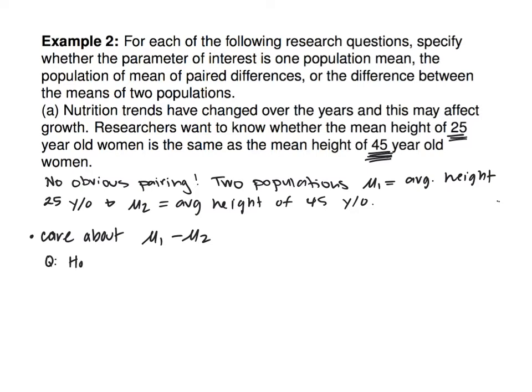And our null hypothesis will be that is this mu1 minus mu2 equal to 0? And that would mean that there is no difference in average heights in these populations. Versus HA, well, probably I would think if nutrition trends improved, we'd be alternatively thinking that the younger women were taller, which would mean that this difference is bigger than 0. So those would be the hypotheses that you're testing in this particular case.